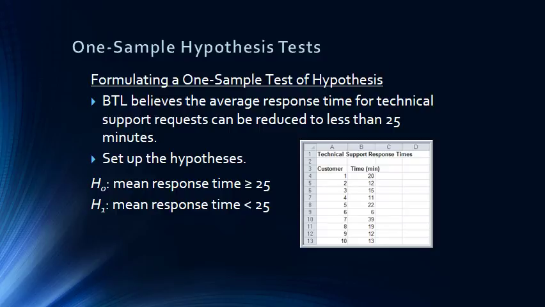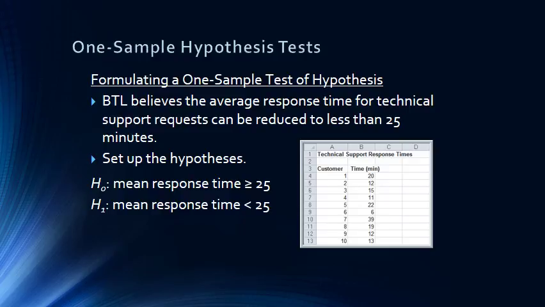To do that, we look at an example using collected data, and we're doing a one sample test. We have these technical support response times collected from the BTL technical support team, and what they want to know is if they can reduce the response time to requests to less than 25 minutes.